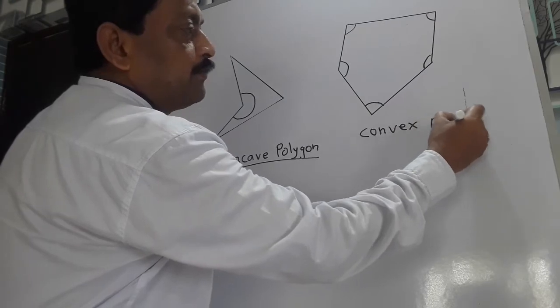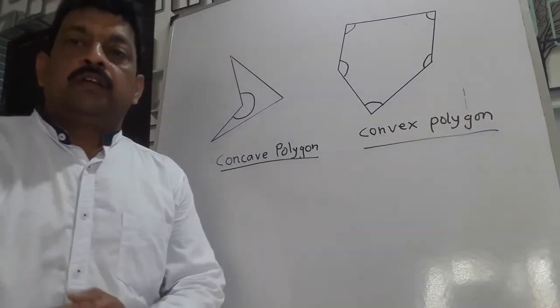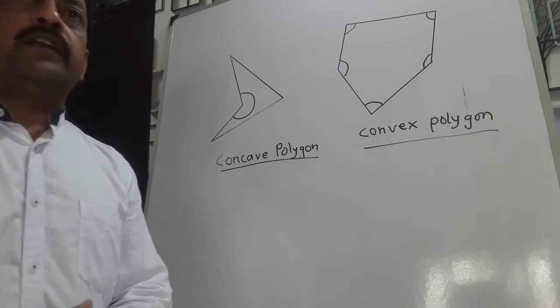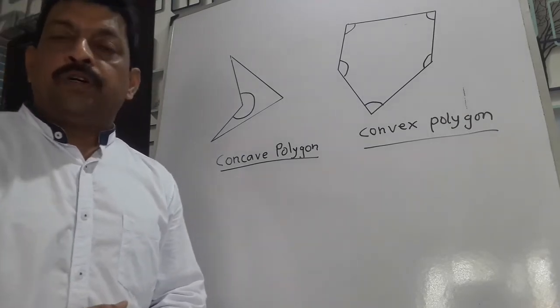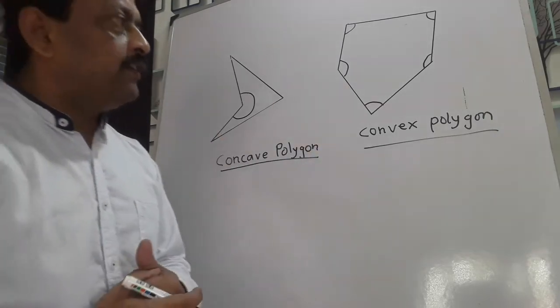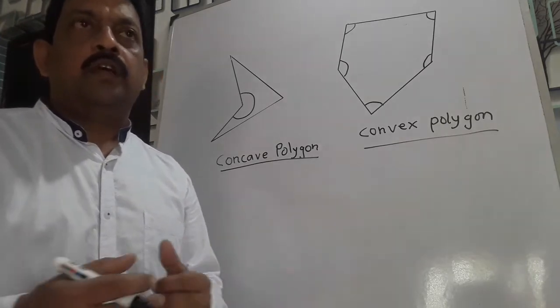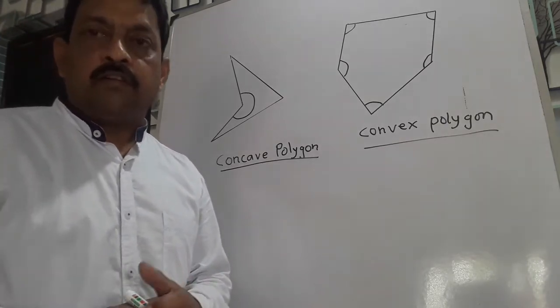In our daily life, we have come across so many figures in geometry like square, rectangle, parallelogram, rhombus, trapezium, and any other regular figure like this, like square, like rhombus, like equilateral triangle.